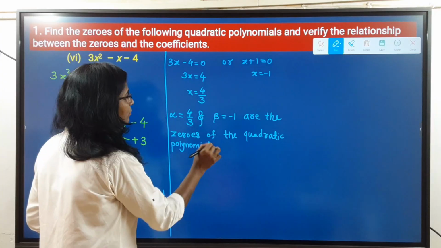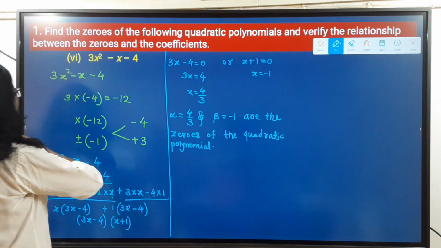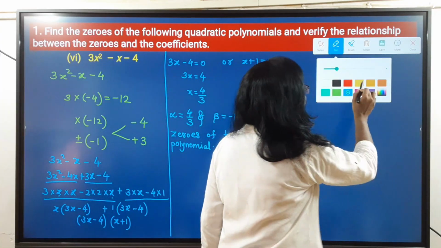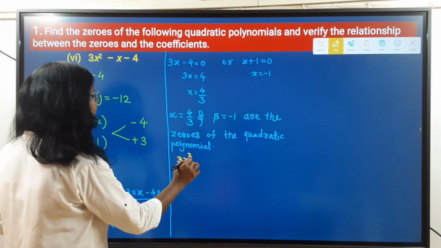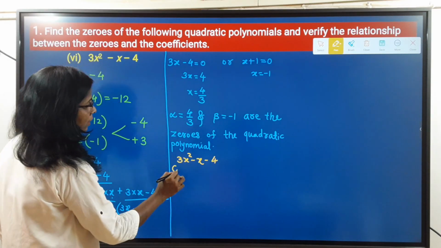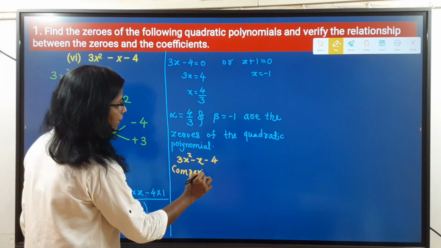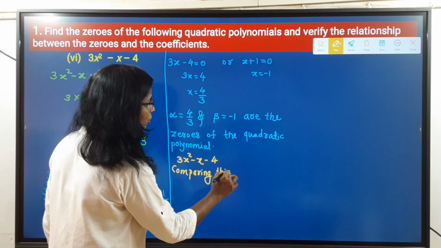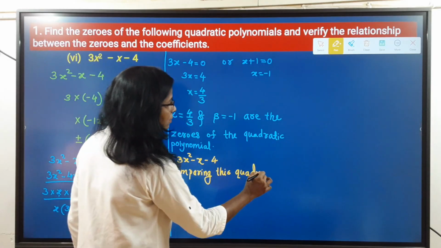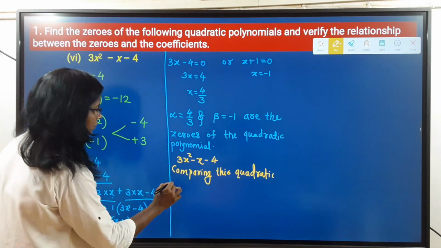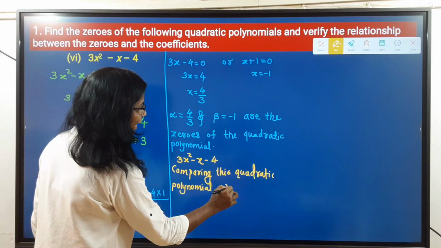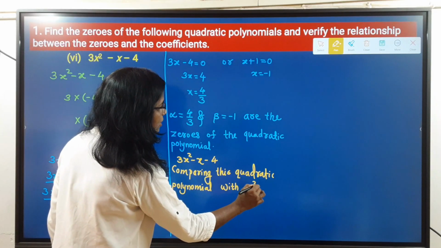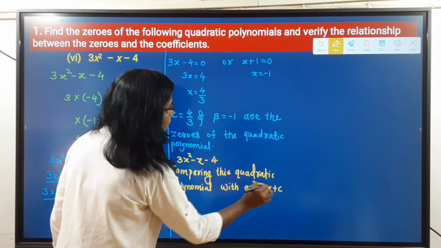Now here, students, the next one, I write down the given polynomial as it is: 3x square minus x minus 4. And then comparing this quadratic polynomial with ax square plus bx plus c.